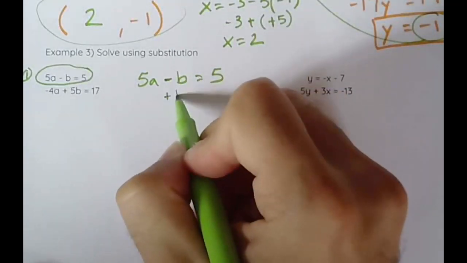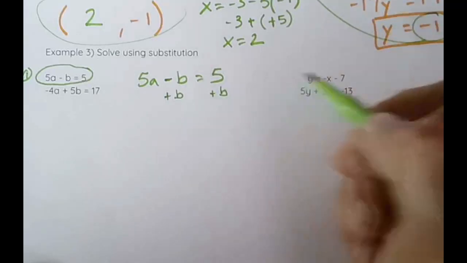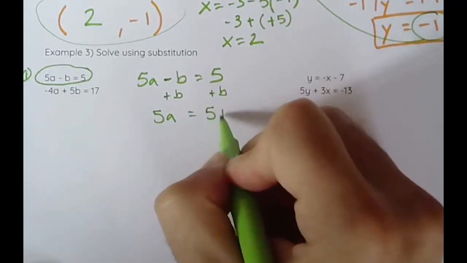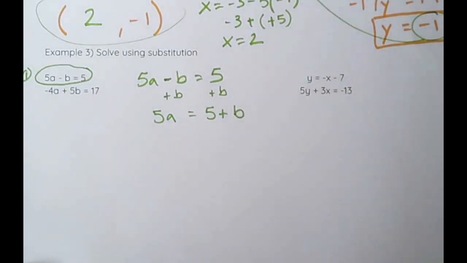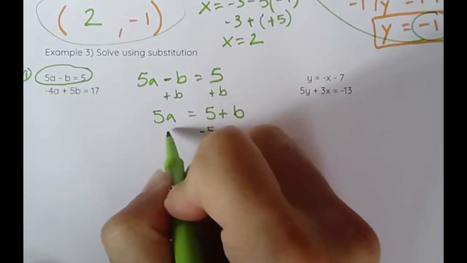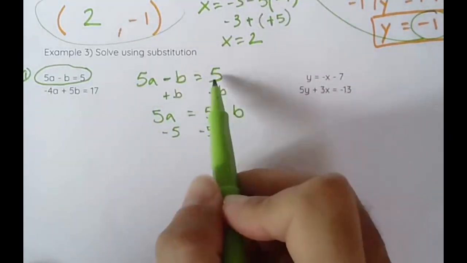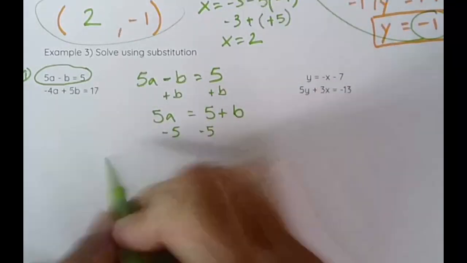What that'll give me is 5a equals 5 plus b. Now that this b is what we would consider naked, I just have to subtract the 5 to the other side. So I'm kind of moving this b to this side and the 5 back over. So what I end up with here is 5a minus 5 equals b.